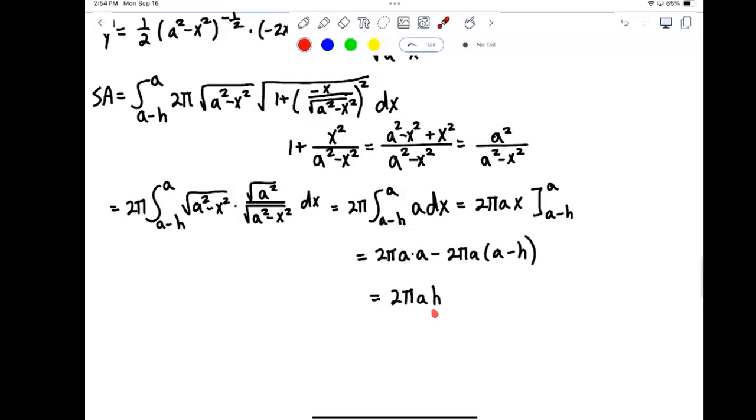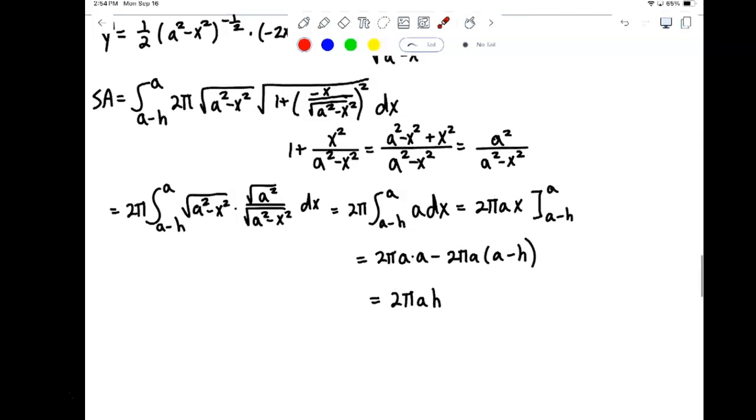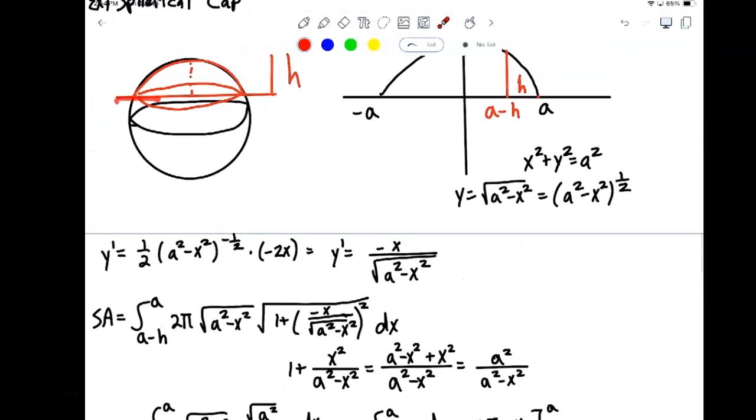And if you put 2a in for h, then you'll get 4 pi a squared, which is, if you look it up, the surface area formula for a sphere of radius a. So this does agree with the surface area for that as well. So this is a pretty cool formula here. 2 pi a h will be the surface area of the spherical cap that you chop off.